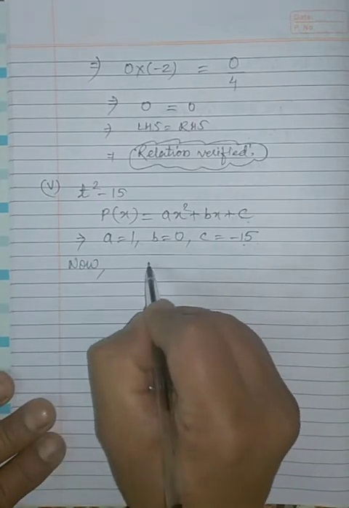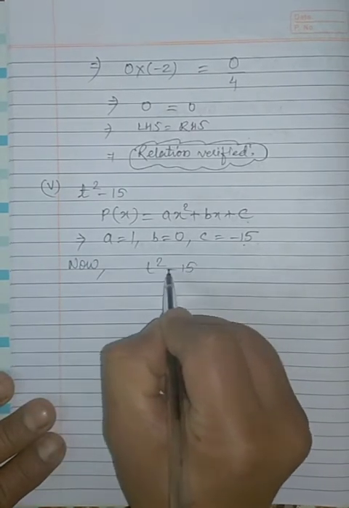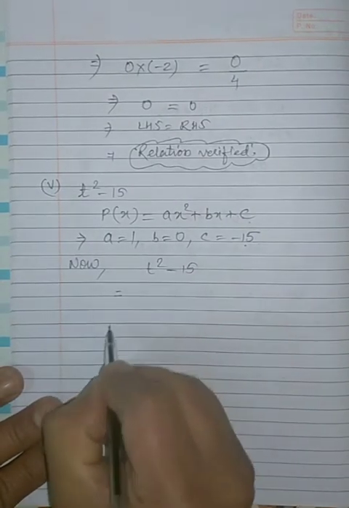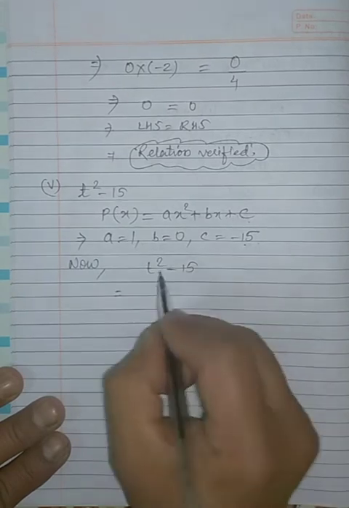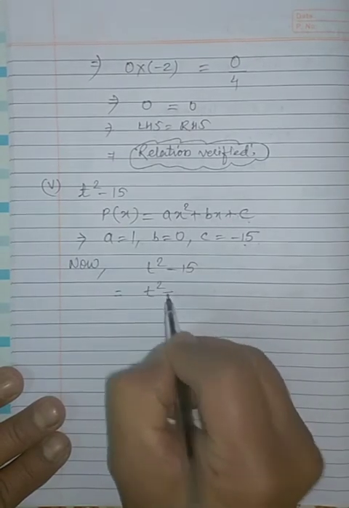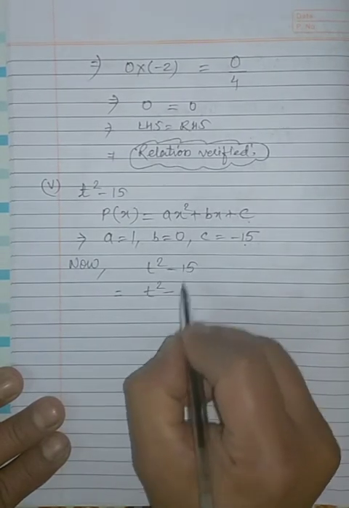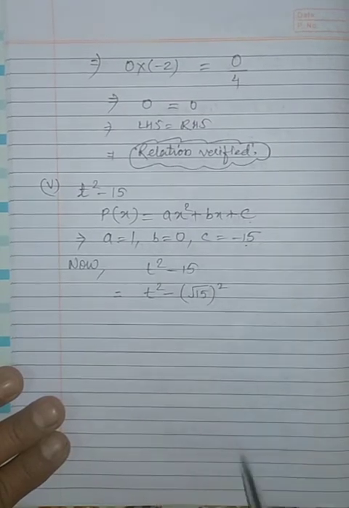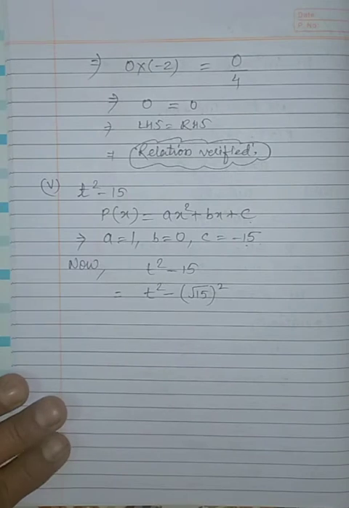Now we have t square minus 15 which we have to factorize. To factorize terms like this, we can write 15 as the square of under root 15, because under root 15 into under root 15 becomes 15.